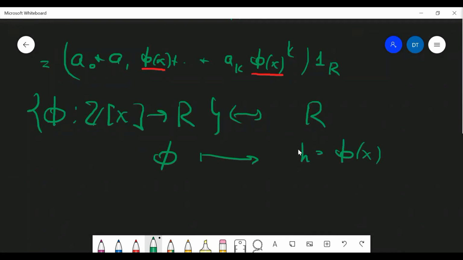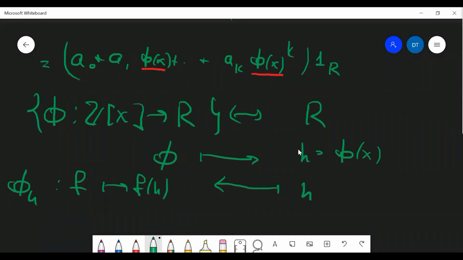I just apply my homomorphism to the variable x, and I'll get an element of R. And if I have an arbitrary element h of the ring R, it corresponds to a homomorphism phi_h, which takes each polynomial f to f of h. I just substitute h instead of x.